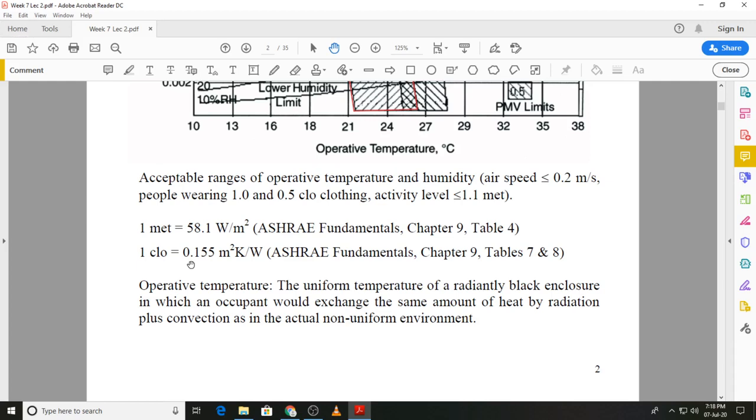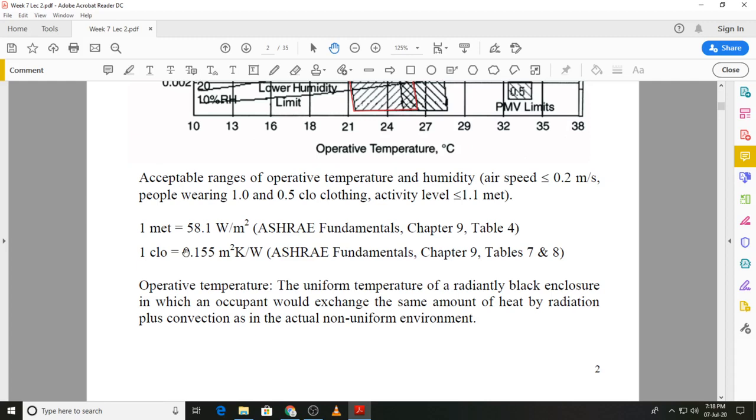If of course we deviate from these standard conditions at which Standard 55 has been obtained, if you refer to the ASHRAE handbook, you are given certain guidelines on how you can shift the conditions of the comfort zones.